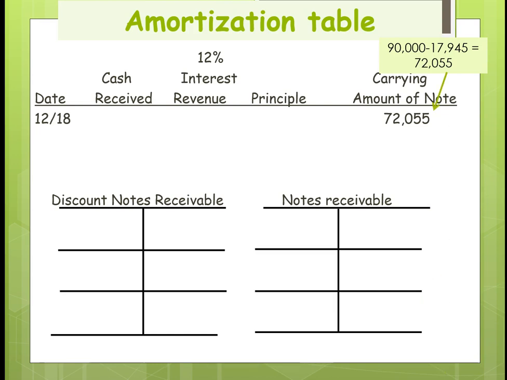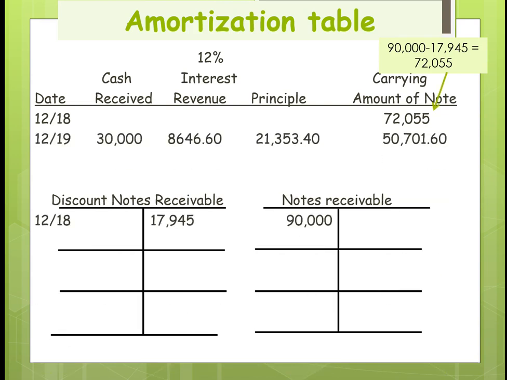So, for the first year, at the end of 2019, of the 30,000 we received, we're going to take our 72,055 times 12%. That tells us of that 30,000 we received, how much of that is interest revenue and how much goes against the principal.